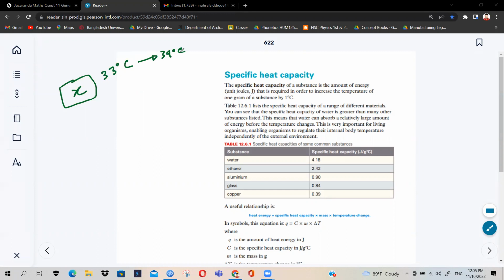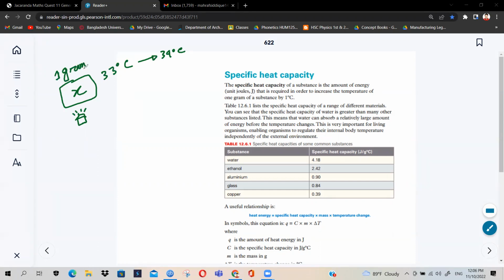Now it cannot easily or by itself increase its temperature. To increase the temperature, you will have to provide heat. And obviously the substance has to be 1 gram.